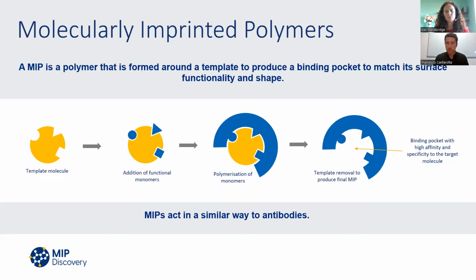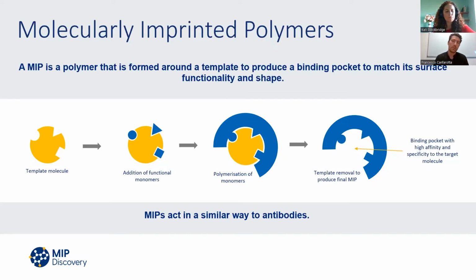After that, we proceed with the removal of the template, which leaves behind a cavity in the polymer, which is essentially complementary to the target in terms of size, shape, and functionalities. Now, we should think of the monomers employed in the polymerization process as the analog of amino acids.